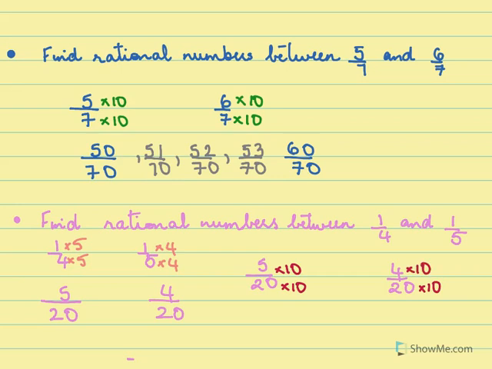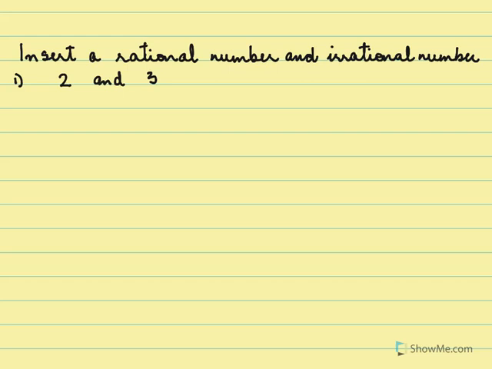So now it will become 50/200, and this is 40/200. I have created a gap, and now I can write the numbers, and this would be 41/200, 42/200, 43/200.